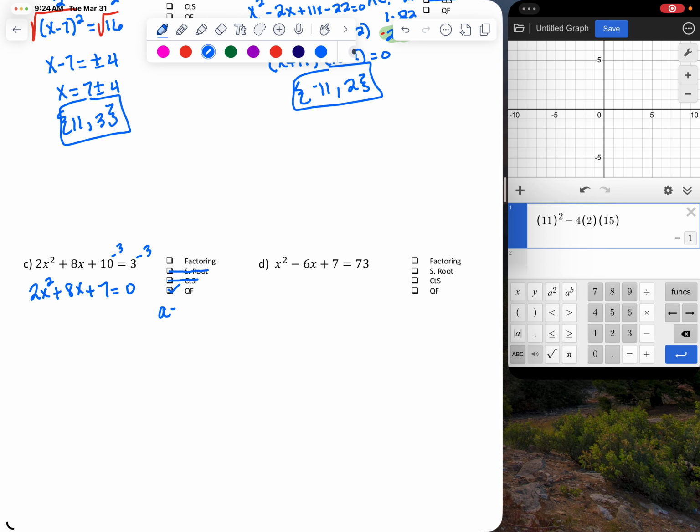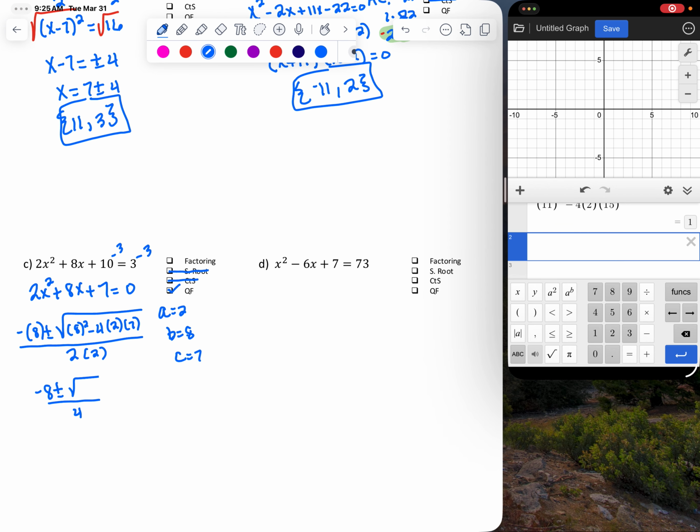So my A is 2, B is 8, C is 7. All right, so I want the opposite of B, plus or minus the square root of B squared, or 8 squared, minus 4 times A times C, all over 2 times A. So the opposite of positive 8 is negative 8, plus or minus an empty radical, over 2 times 2, which is 4.